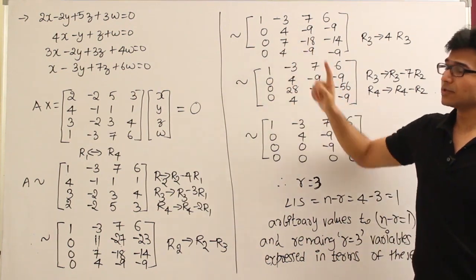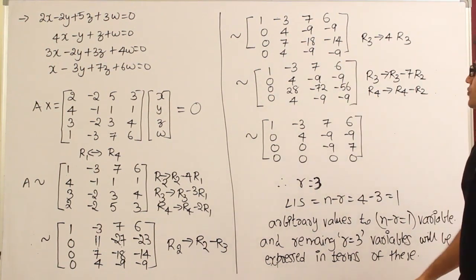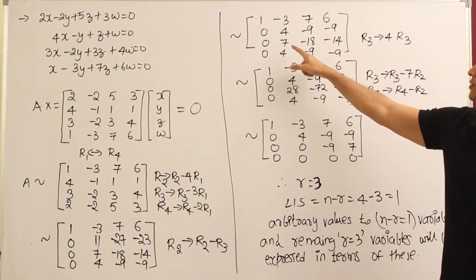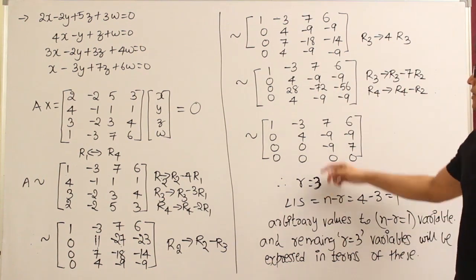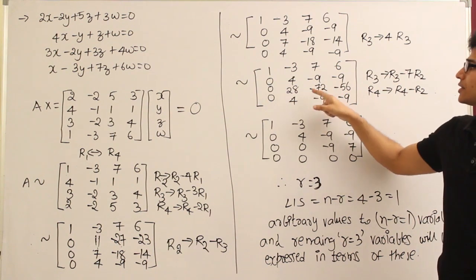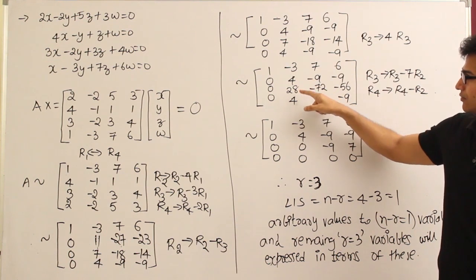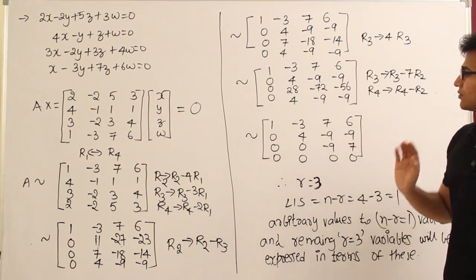So multiply this with 4, then multiply this one with 7 and subtract it from that. So I am multiplying R3 with 4. The next one is multiply this one with 7 and subtract from here and replace it here, so that this one will become 0. Then subtract this one from here and make it 0. So that is what I did.